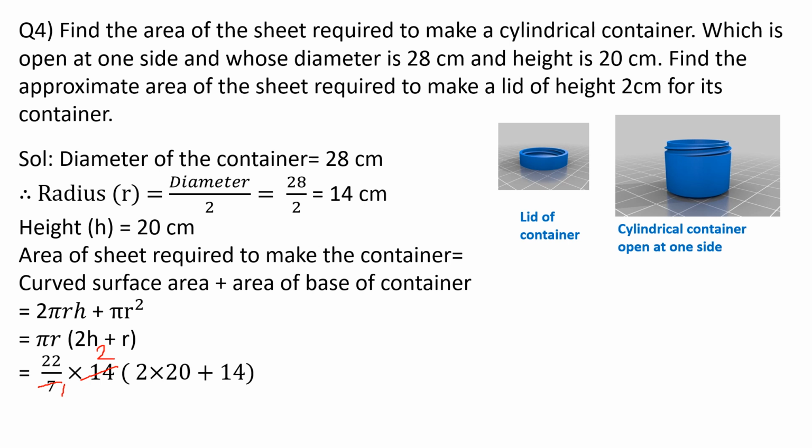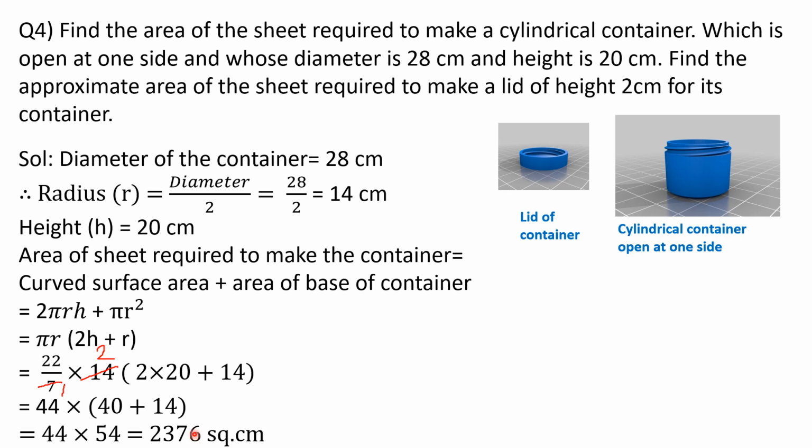Then next step, 22 into 2 I multiplied, I wrote 44 into, now 2 into 20 in bracket will become 40 plus 14. Now I'll add these numbers and remove the bracket, so 44 into 54. Now I'll multiply, so the answer will come 2376 square centimeter.